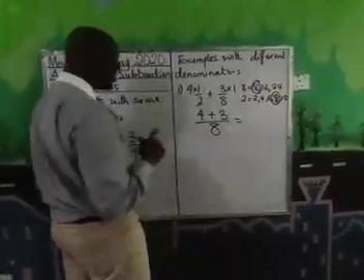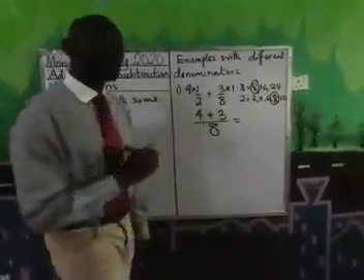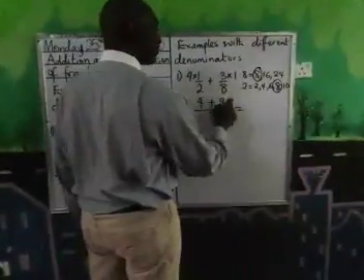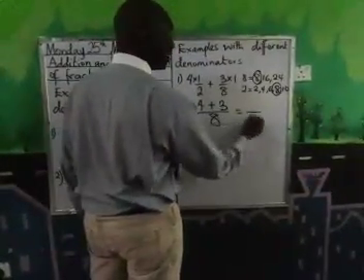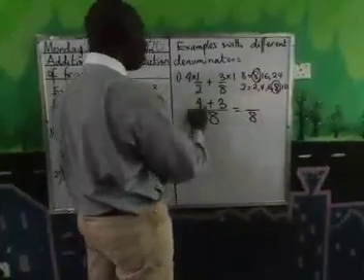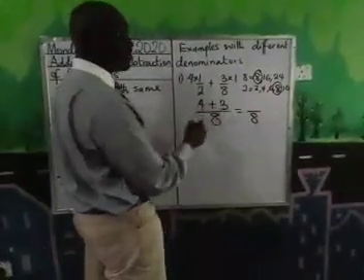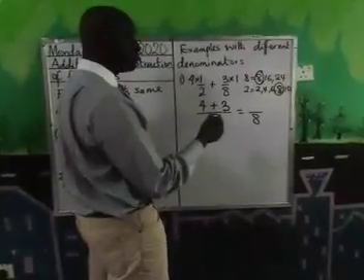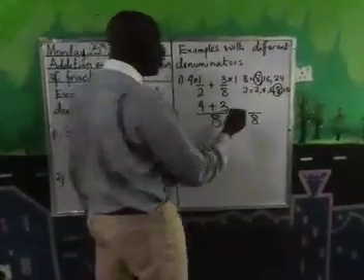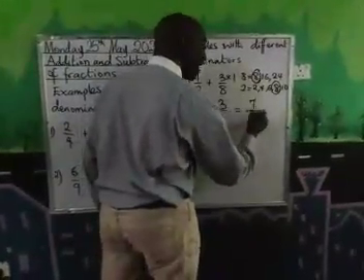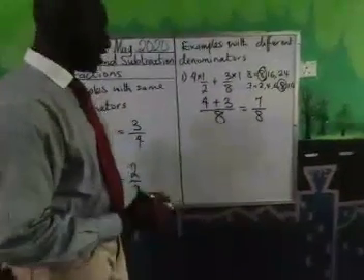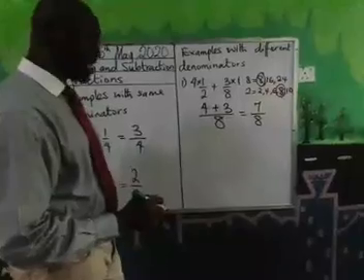So now that we have this, we can do the needful. 4 plus 3. The LCM is what? 8. 4 plus 3 will give us what? 7. So your answer is 7 over 8. You get that?